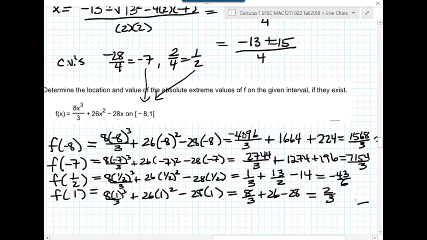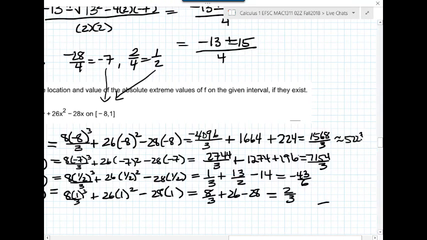And then 26/4, which reduces to 13/2, and then minus half of 28 is 14. So we have 1/3 plus 13/2 minus 14 equals, and switching that to an improper fraction, negative 43/6.